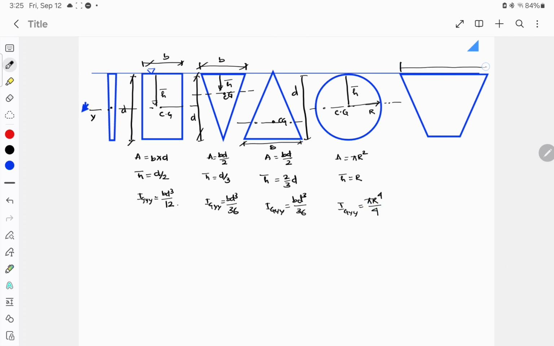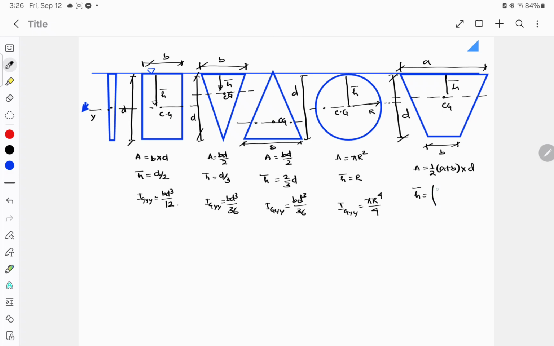If this is a trapezium with one side length a and the other side length b, and the center of gravity will be somewhere here, so this will be h bar. The area of a trapezium is half into the sum of parallel sides into the distance between the parallel sides. If the distance between parallel sides is d, then d. Okay, what will be the h bar?